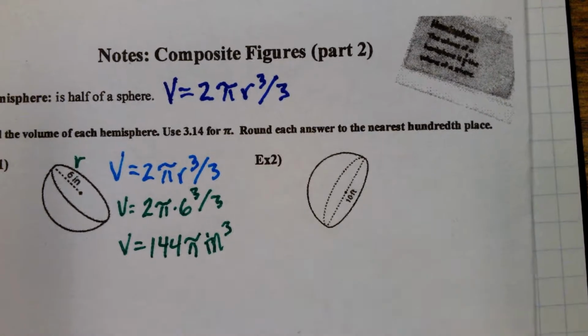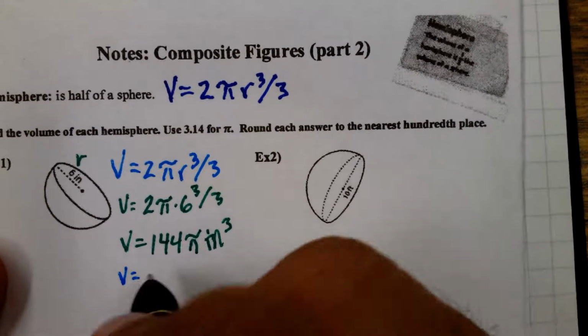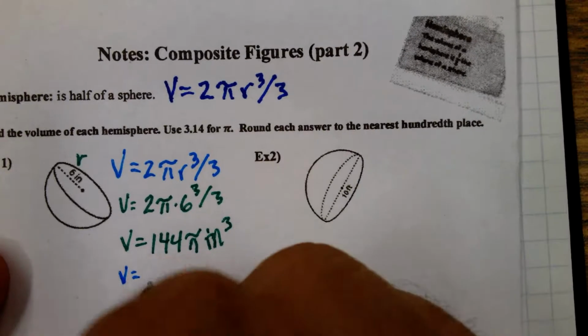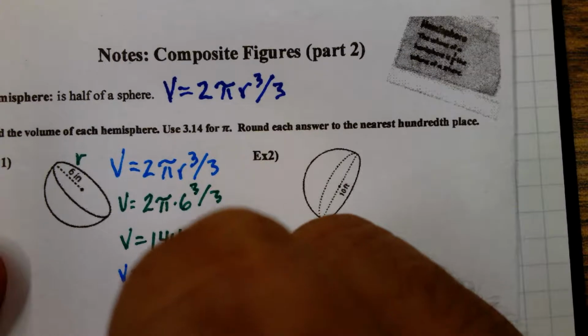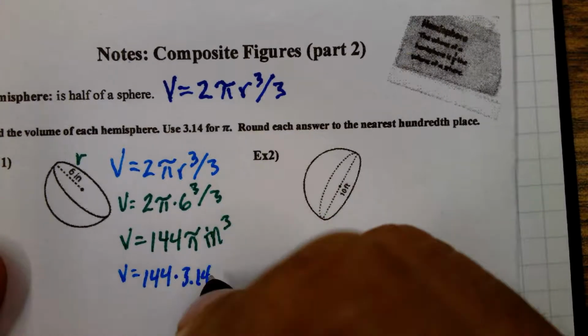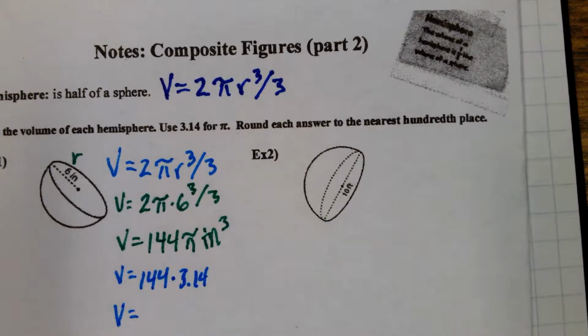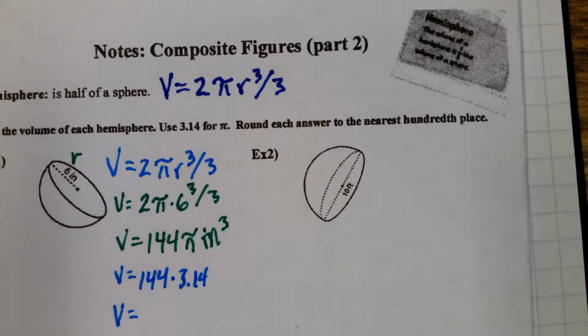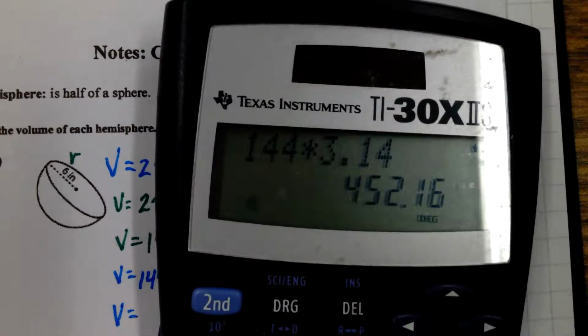All right, let's get our answer with pi in it. So we'll use 3.14. So 144 times 3.14. And let's see what answer we get there. We want it to the nearest tenth. So we want to do 144 times 3.14. Oh, it's exactly, I got 452.16.